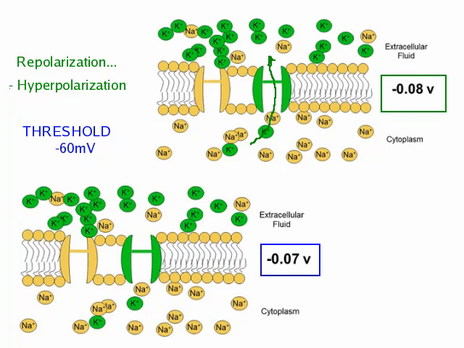And then what will simply happen is some of that excess potassium diffuses away, and the voltage drops back down to negative 70 millivolts. And so that's what you see happening right there. And at that point, in this last picture, we have now reached resting membrane potential once again.